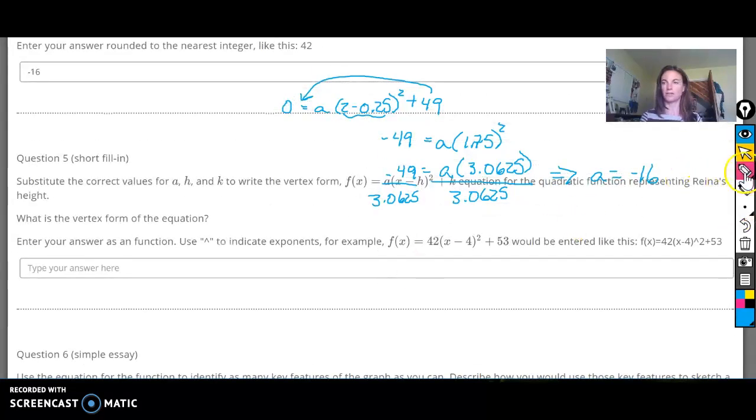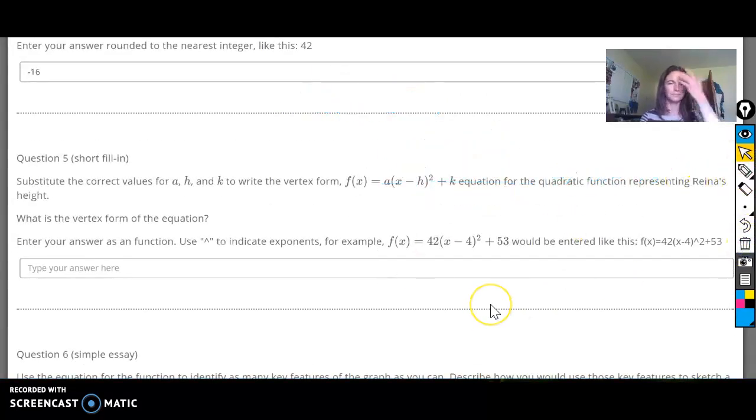Okay, question number 5. Now that we know the value of a, let's write the generic equation here in vertex form. Instead of writing values for y and x, we're just going to do generic y and x, but we still need to plug that a, h, and k in.